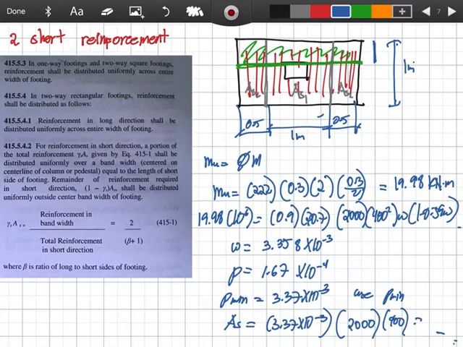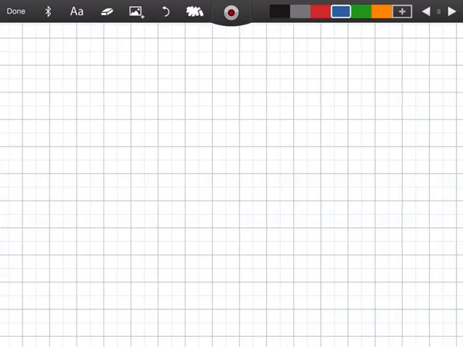Times 2,000 times 400. This is 2,700.75 mm squared. So, i-divide na lang ba natin ng area ng isang bakal then distribute? No. Kunin muna natin yung nasa center bandwidth natin, that is AS1.